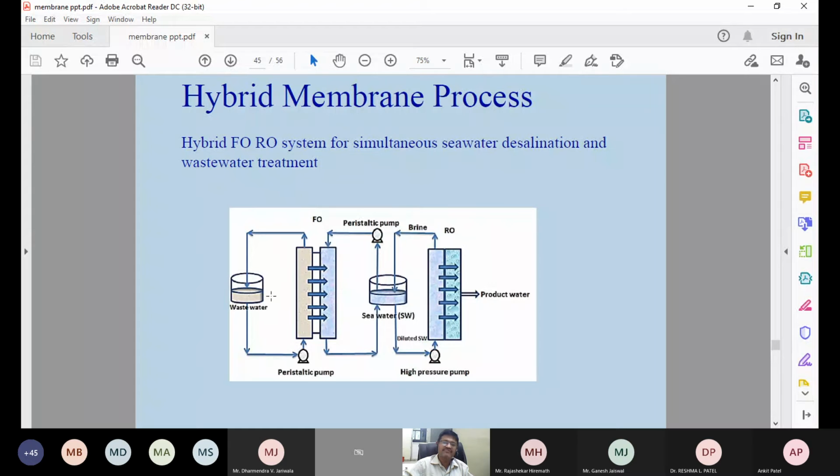So very beautifully we can design this FO-RO system so that our wastewater is concentrated and we are also getting very good product water. So two systems running in a sequence, that will be a very good system. This type of hybrid membrane process system is also used.